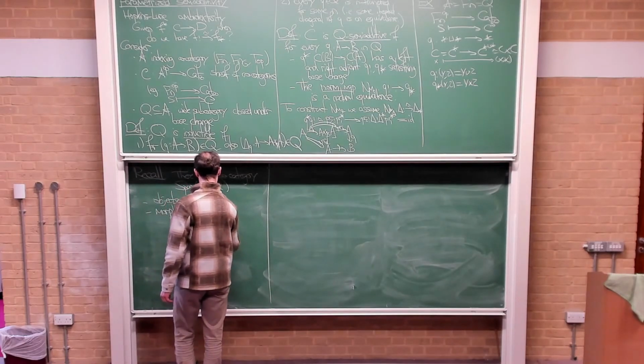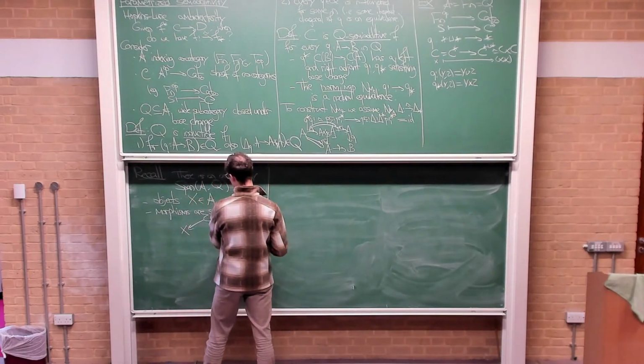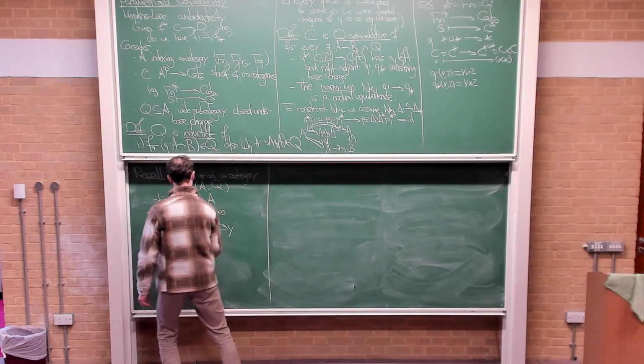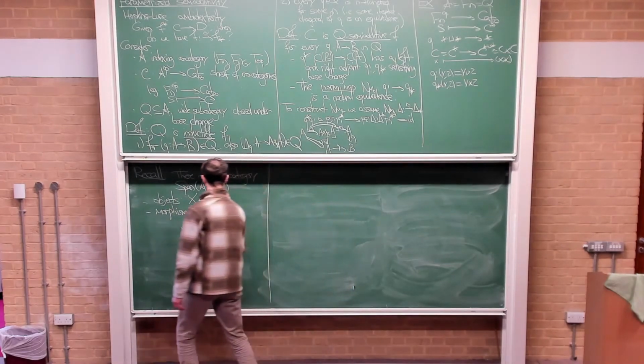So spans are diagrams of this form where we have some object together with a map both to X and to Y. So the source of this span is X, the target is Y. And then we need the additional condition that this right pointing morphism is in our selected class of morphisms Q.